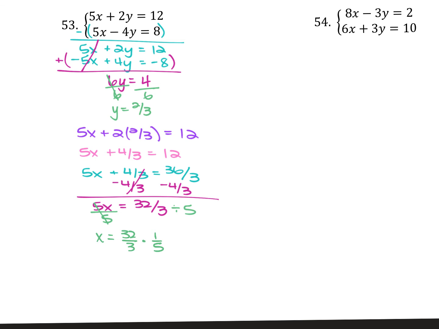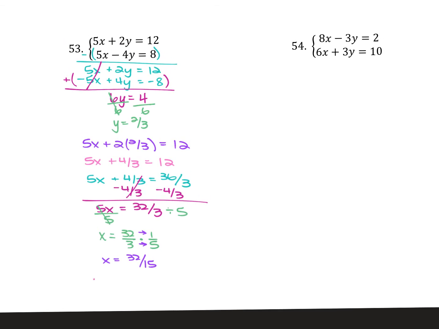We don't have any common factors diagonally, so multiply straight across, and you get that x is equal to 32 over 15. So if we put this into an ordered pair as x comma y, we're going to have 32 over 15 comma 2/3.